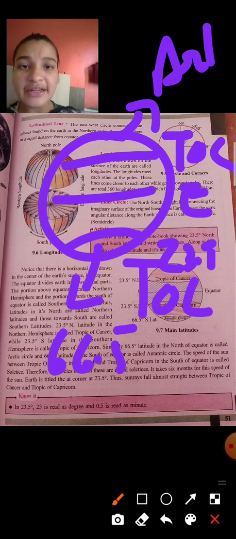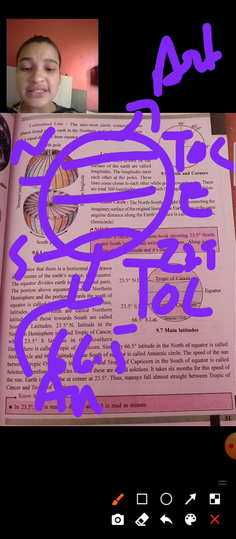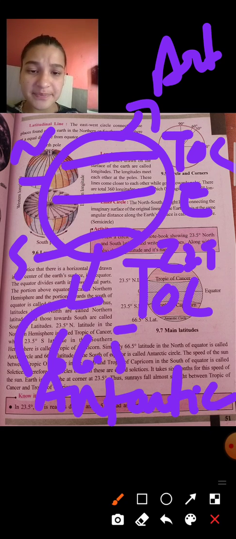Now this is 66.5. In the northern hemisphere it is known as the Arctic Circle, and the 66.5 latitude in the south is known as the Antarctic Circle. Here it is known as Antarctic, and upward is known as Arctic.